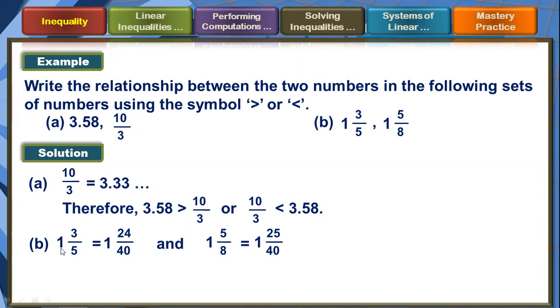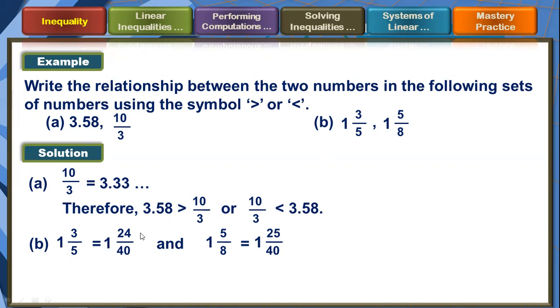To get 40, we have to multiply 8 by 5. We will do the same thing on the upper part. So 3 times 8 equals 24. To get 40 here, we have to multiply 5 by 8, so the answer is 40. We will do the same on the upper part. So this one will become 5 times 5 equals 25.